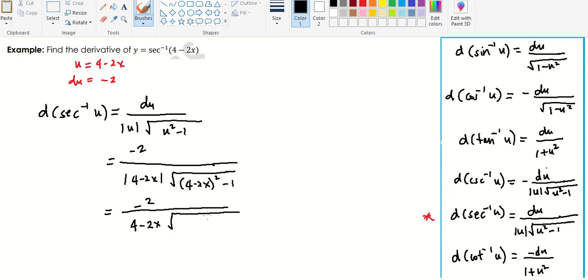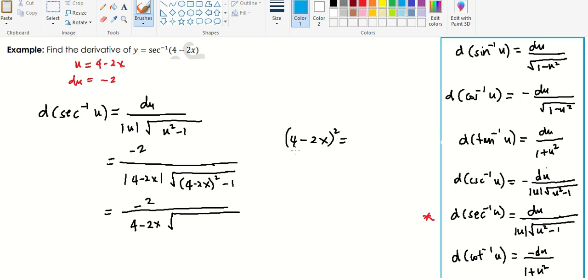Square root of, okay, so we know that we have a binomial here. So gamitin natin ang ating square of the binomial. All right.